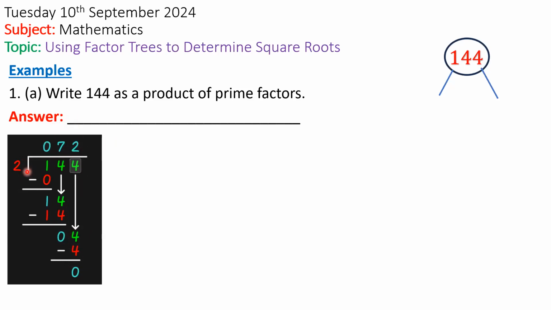That means that 2 can go into 144 72 times. So if we do 2 times 72, or 72 times 2, we'll get 144. Do you all understand that? So the first thing we do is 2 times 72 to get 144.